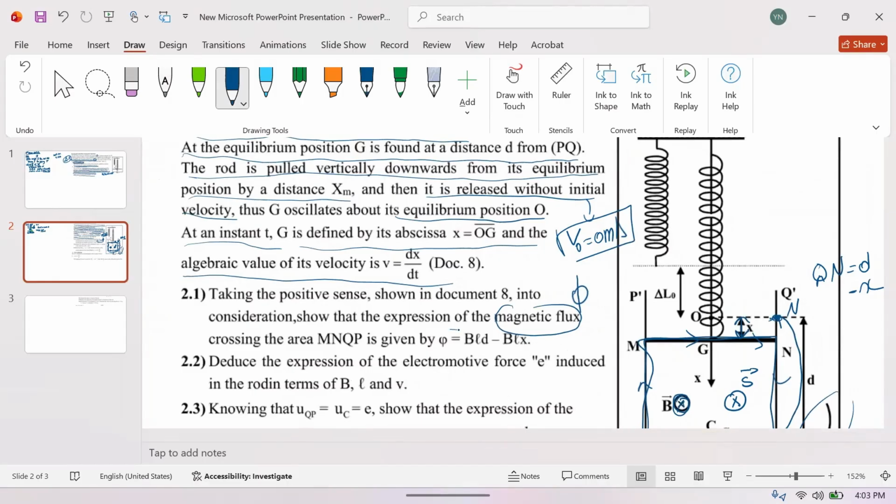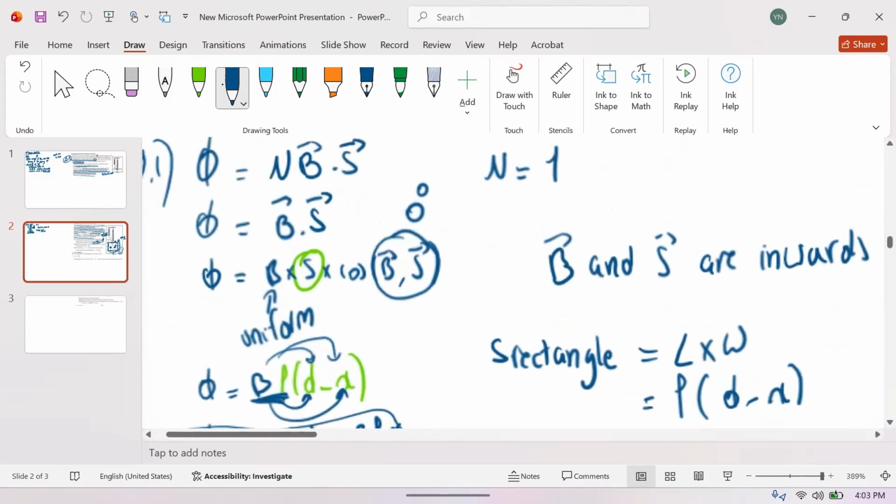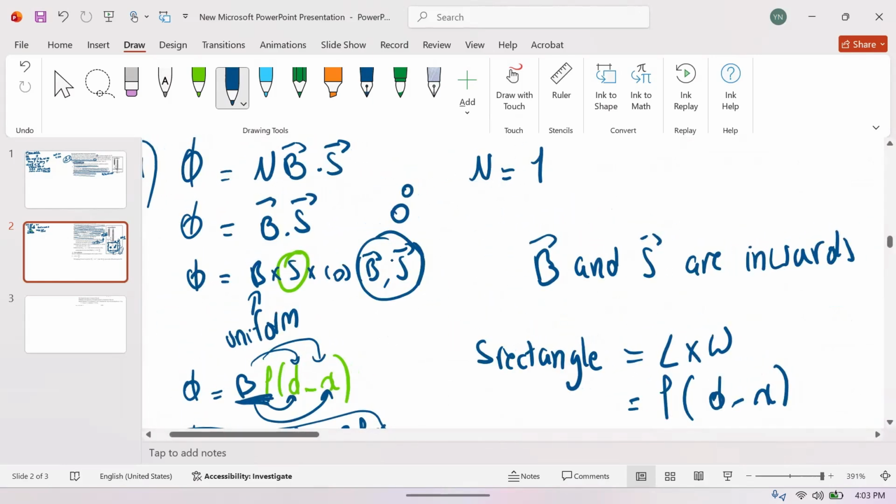Yes. BLD minus BLX. If you had the other way around, a positive sign before BLX and a minus before BLD, that means you confused the angle. Sometimes people mess up the right hand rule. They don't know where S is actually going. Let's say you misunderstood and considered that S is going outwards and the angle in between is 180.